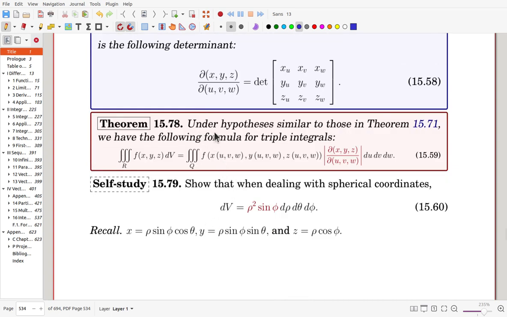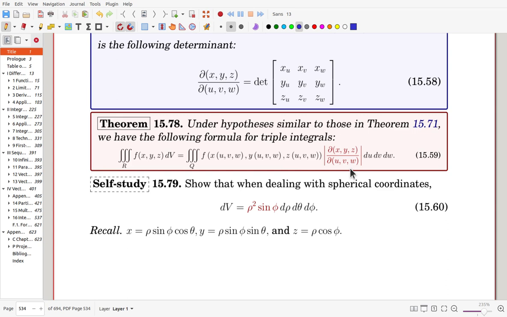Under hypotheses similar to those in theorem 15.71, we have the following formula for triple integrals. The triple integral of f over R is the triple integral over Q of the same function expressed as a function of u, v, w, times the absolute value of the Jacobian.